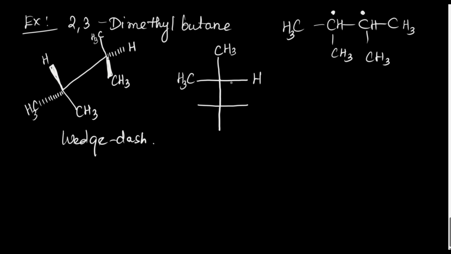Note it down, these solid wedges are opposite to each other. So how do we write the opposite pair? One CH3 to the other CH3 is just opposite. So CH3 on the opposite side, and then to that CH3 I have hydrogen and another dashed with CH3.